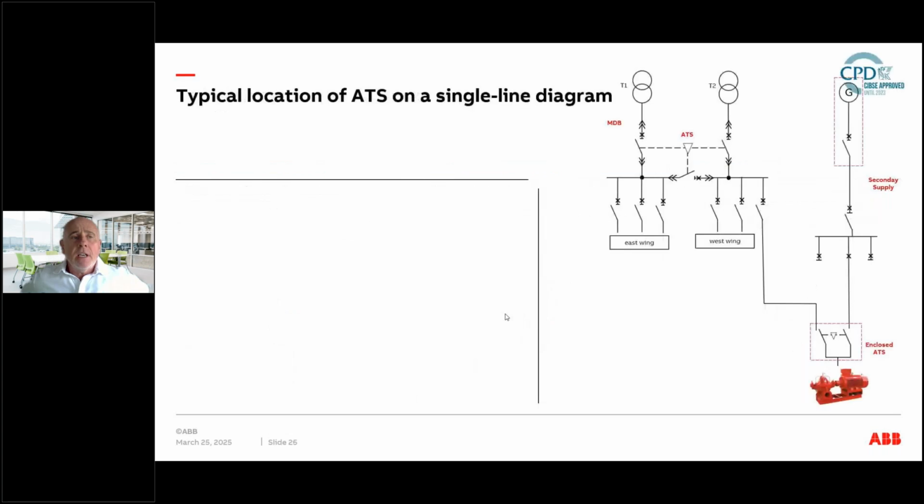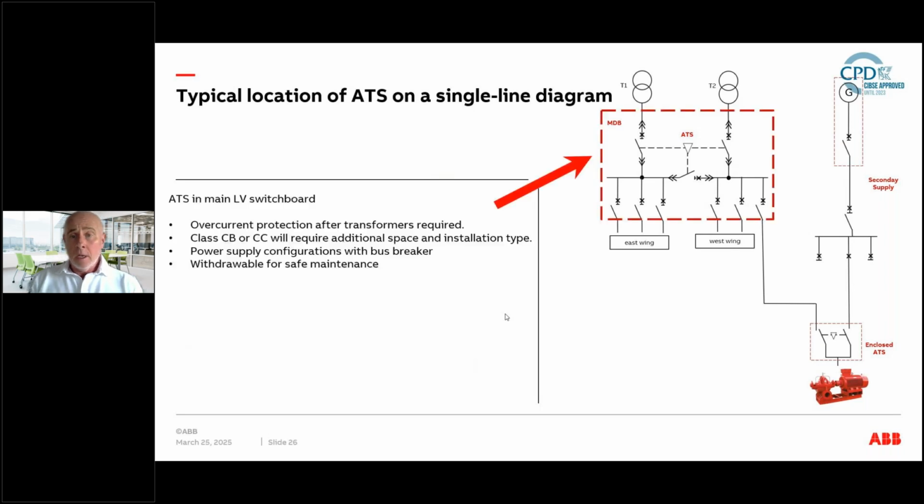Just to re-emphasize, we're moving on to the life safety aspect now. So there's a typical network there with transformer 1, transformer 2. When we looked at the air circuit breakers and the moulded case circuit breakers, those are generally found at the incomers of the main LV switchboard, and obviously it can apply to MV systems as well.